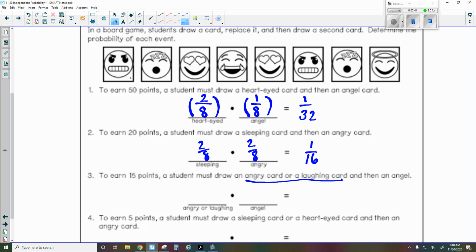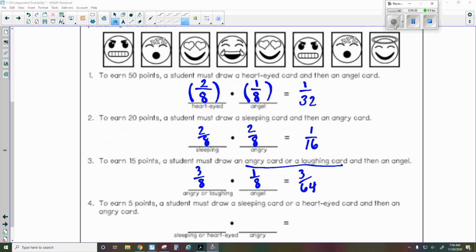Here's an angry card, a laughing card, an angry card. So there are 3 out of 8 cards. And then we're going to replace those 3 cards back, and we're going to find the probability of getting an angel card. And we did find that here, which is 1 out of 8. And then we're going to put that in our calculator. 3/8 times 1/8 is 3/64.